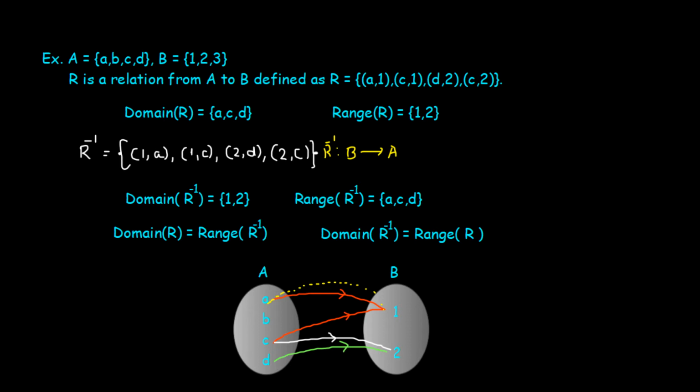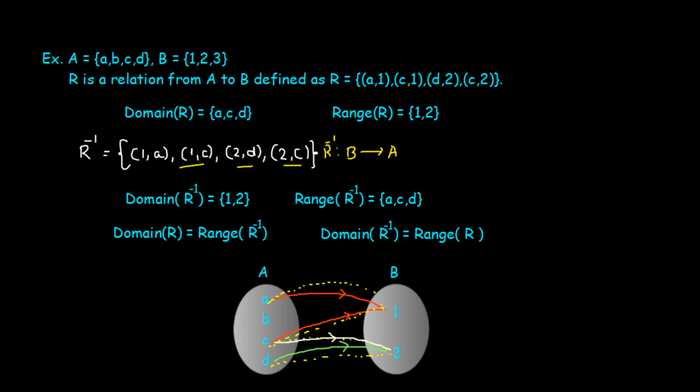So when we choose 1, we should get c, and that is available here. If we pick up 2, then, backtracking our path, we should get c. So here (2,c) is present, and finally, starting from 2, we should get d. So (2,d) is also present. So this is the meaning of the inverse of a given relation.